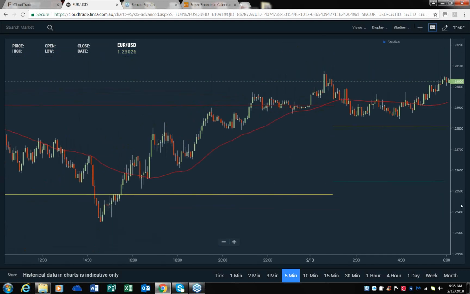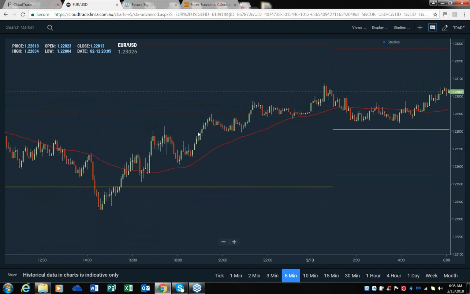Number one is to first analyze the trend before you do anything, and we can see the market was initially trending up. It got to that high point and stopped going up, and since then it's just been trending sideways. So that's the most recent high point, and that's the most recent low point there.